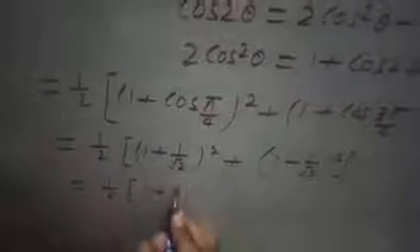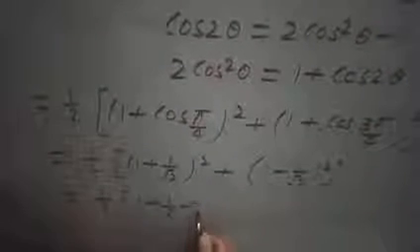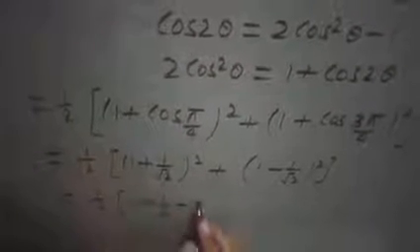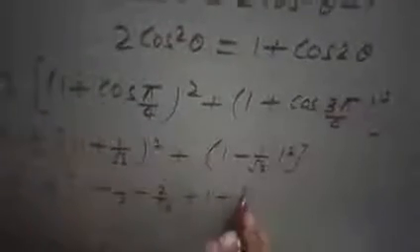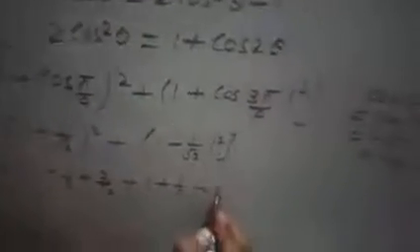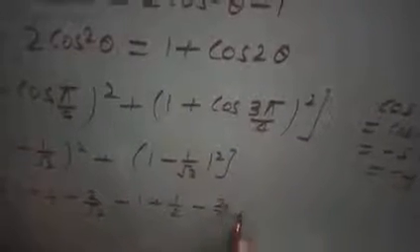So if we see, that is 1 by 2, a square plus b square plus 2ab, so 2 by root 2. Similarly here a square plus b square minus 2ab, so 2 by root 2.